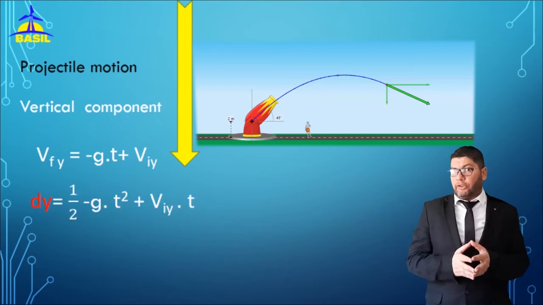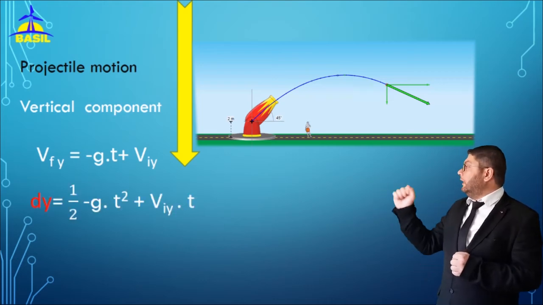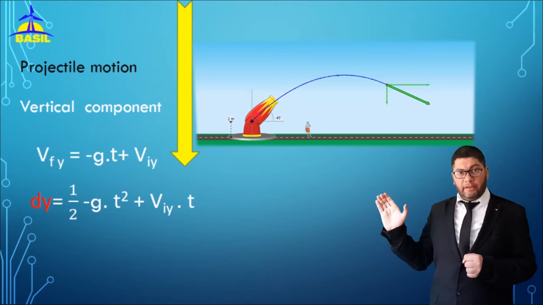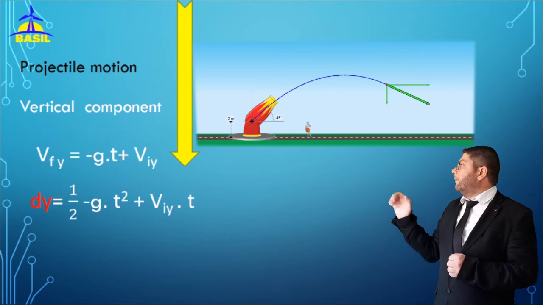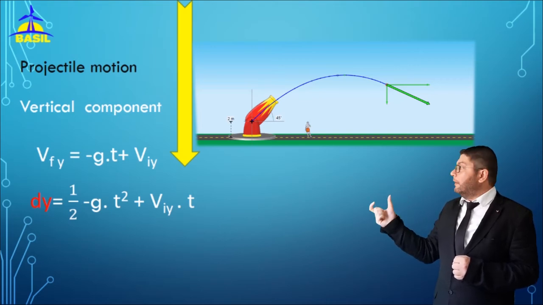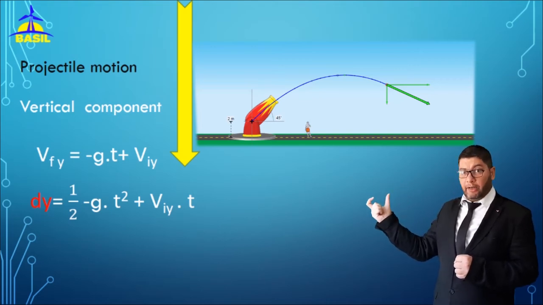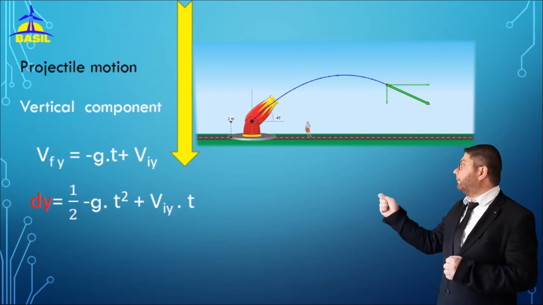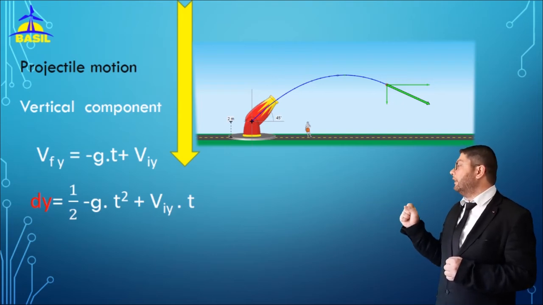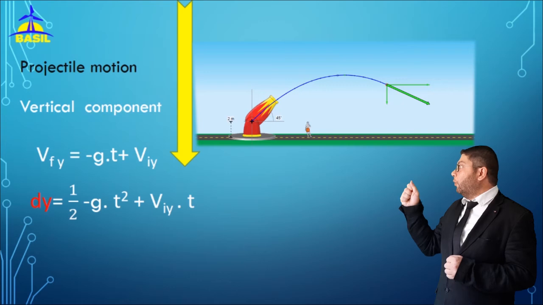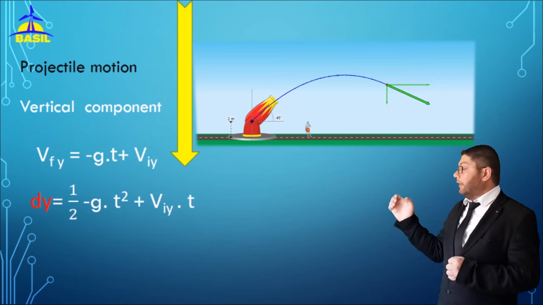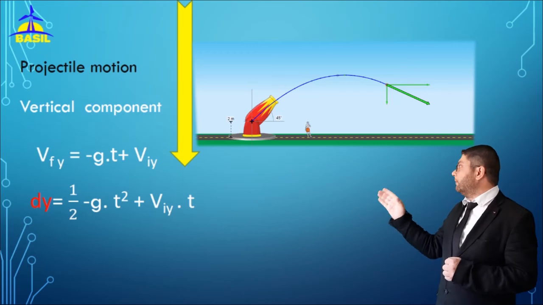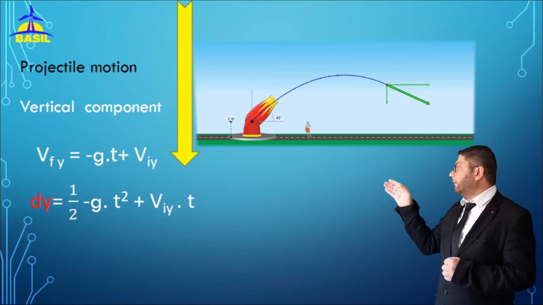The second equation is dy, the distance in the vertical component, equals half times minus g, the acceleration in the vertical component, multiplied by the time squared, plus Viy, the initial velocity in the vertical component, multiplied by t.